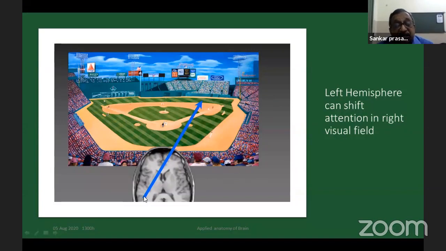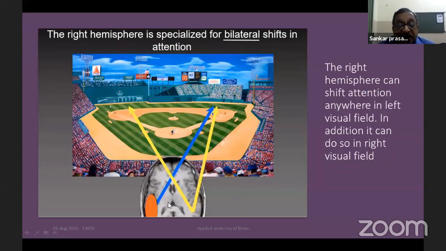That's the limitation of the left cerebral hemisphere, which is the dominant hemisphere as far as language is concerned. But for visual attention, its capacity is limited. Whereas the right hemisphere can shift attention anywhere in the left visual field, and in addition it can do so in the right visual field also. So there is right hemisphere specialization for bilateral shifts in attention.